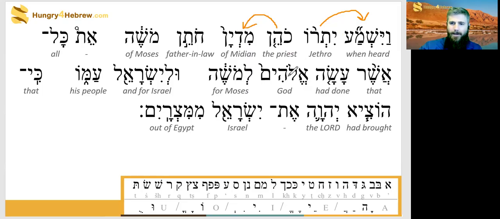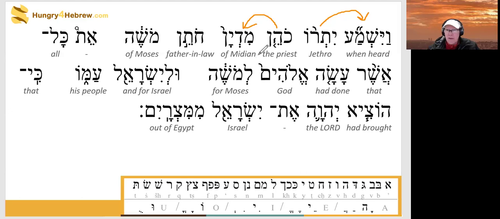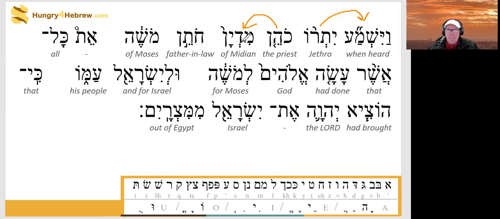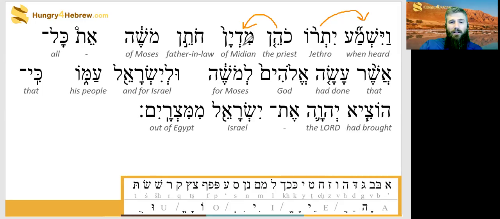Does anyone know where Midian is located? I thought it was just east of the Jordan? North. Modern Saudi Arabia. The reason this is important is because when Moses saw the burning bush, he was with his father-in-law, because he married his daughter, and he's watching the sheep.